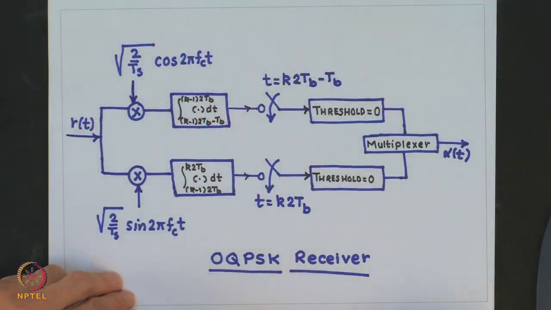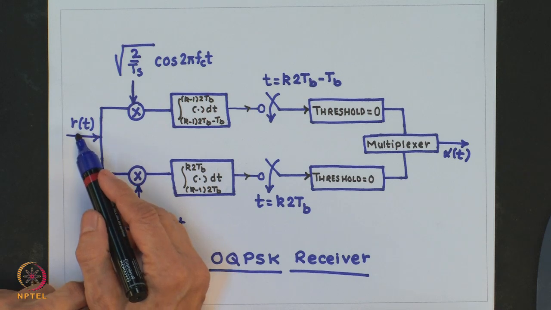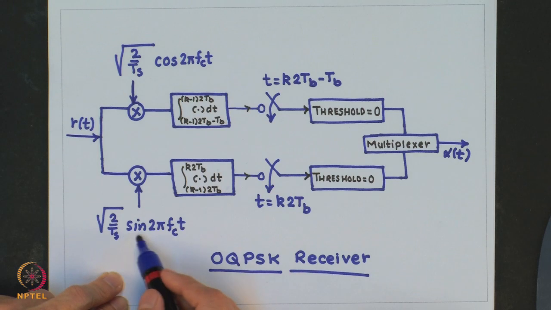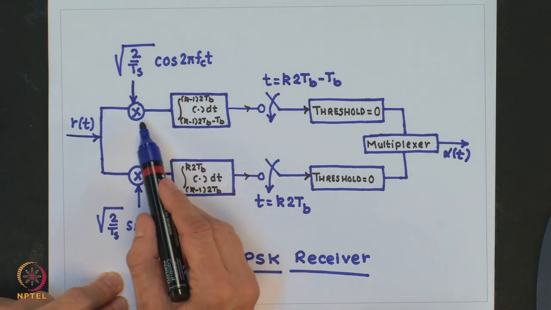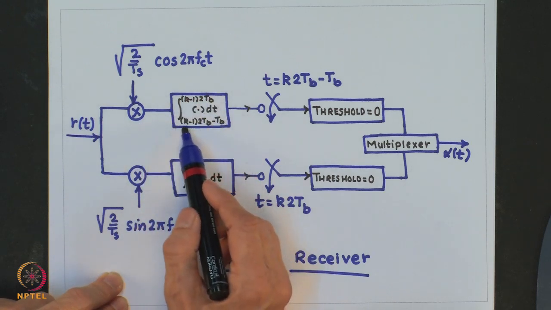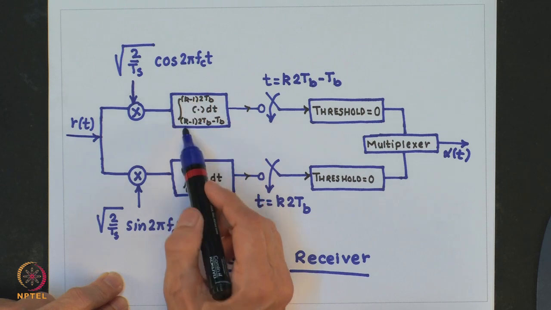Okay. Given this, we can find out the optimum OQPSK receiver, which will look something like this. You have the input signal, you take its projection on cos 2 pi FCT, and you take its projection on sin 2 pi FCT, and then you integrate this over the bit duration.